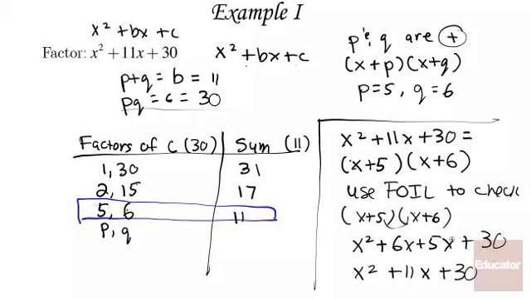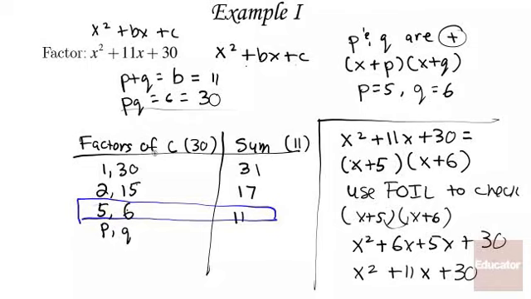So again, we approached this by looking at it and saying, okay, B is 11, C is 30. The sum of P and Q must be 11, and the product must be 30. The other thing I looked at was the signs, and I said both B and C are greater than 0, so P and Q are positive. So I knew I had this form.